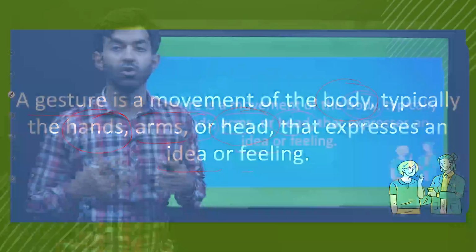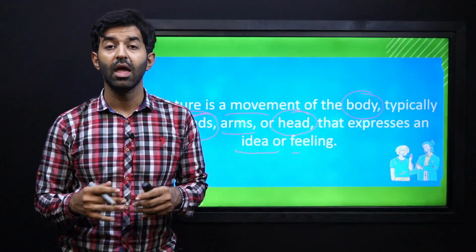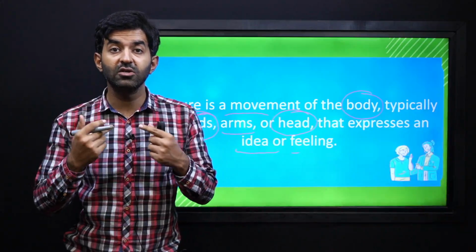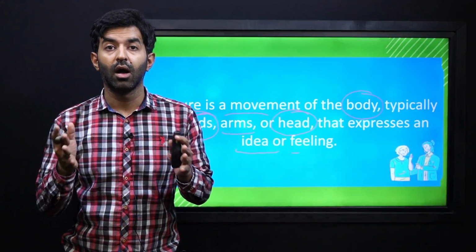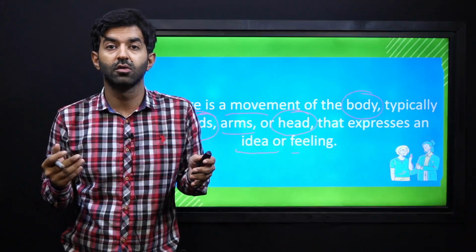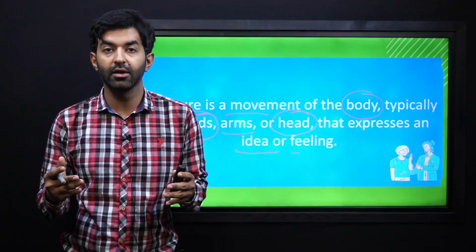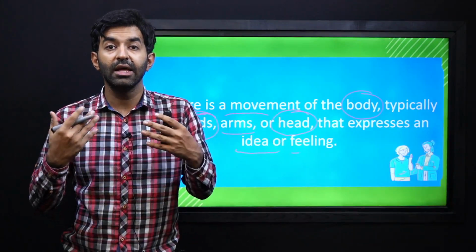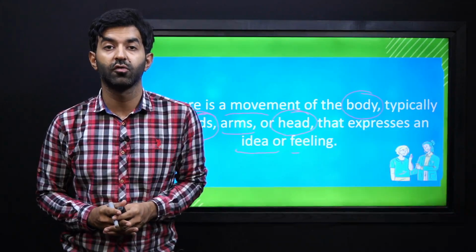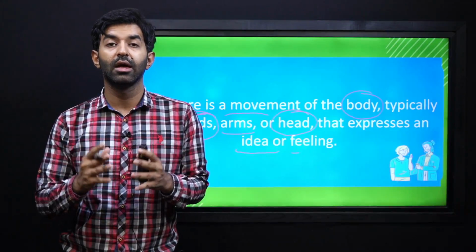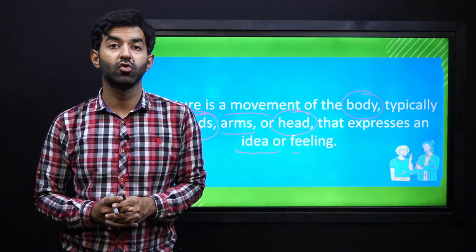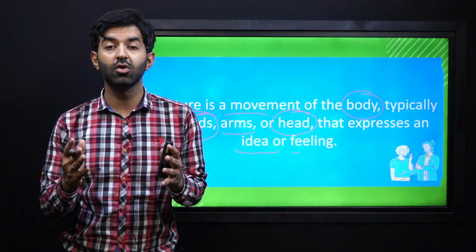So you can use your hands, your facial expressions, your arms, your shoulders for all these kinds of expressions. You can nod your head, you can say no, and take help from all these different parts of your body. This will help you in acting out your role, and you will be considered a very good speaker.